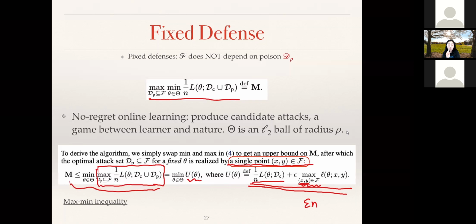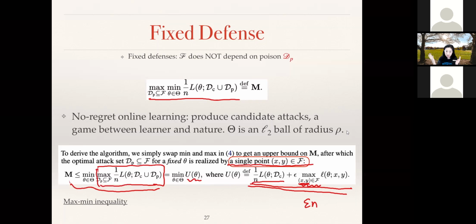Because if you want to find the points within a feasible set, of course you want to maximize the loss, because you're finding a worst-case scenario. If you maximize the loss, it would be just one point that maximizes the loss. Maybe you have multiple points that have the same loss, but we're not considering that here. So once you find that point, you're just going to inject that point epsilon n times, because you are allowed to inject epsilon n poison points.